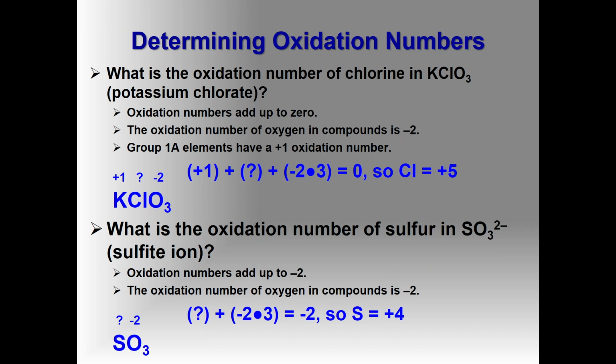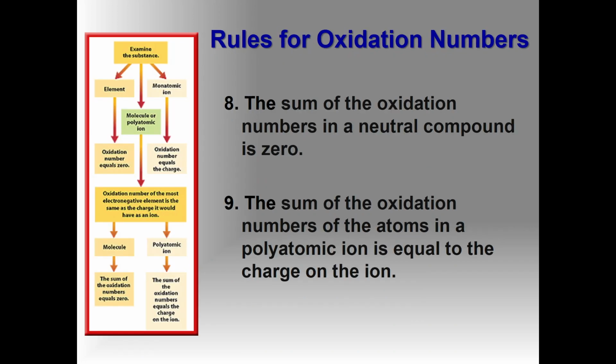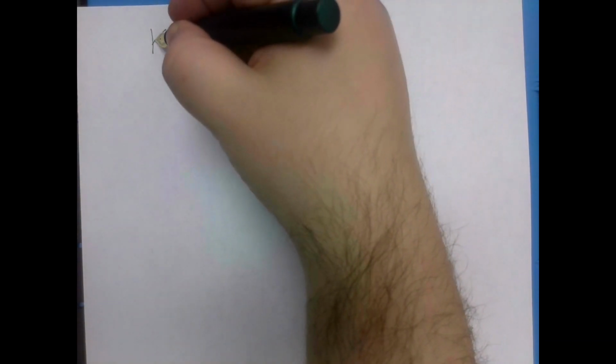What is the oxidation number of chlorine in KClO3? So what are the oxidation numbers for everything in here?